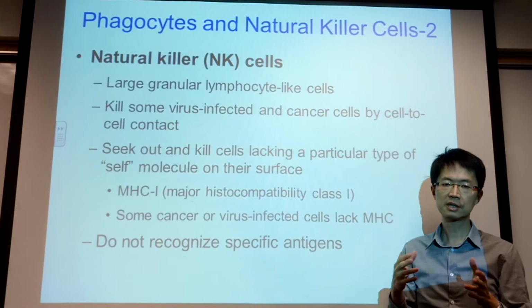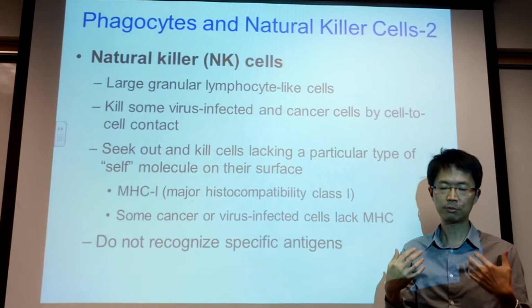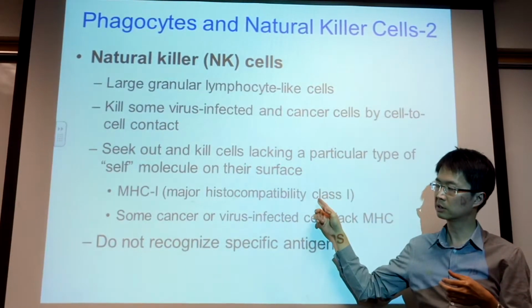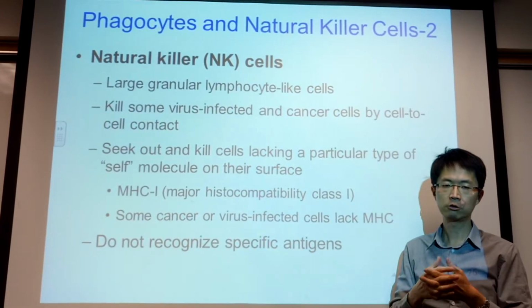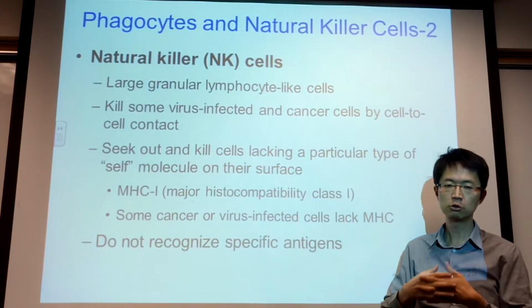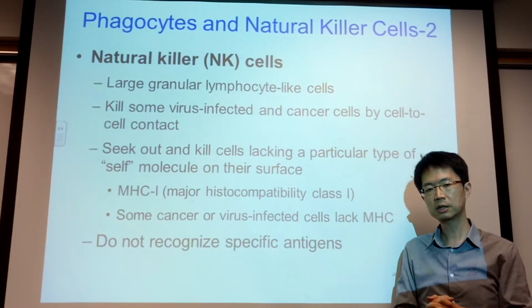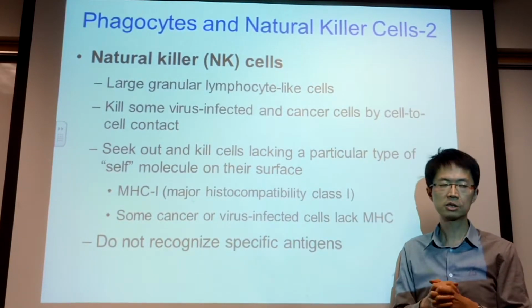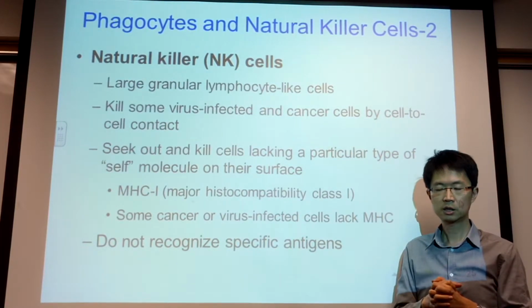That means if the cell is healthy and it belongs to our body, then our body cell will express MHC1 protein. But pathogens, bacteria or other infectious agents, do not express MHC1. When they do not express MHC1, then our body will attack them. It's just like a student ID card.